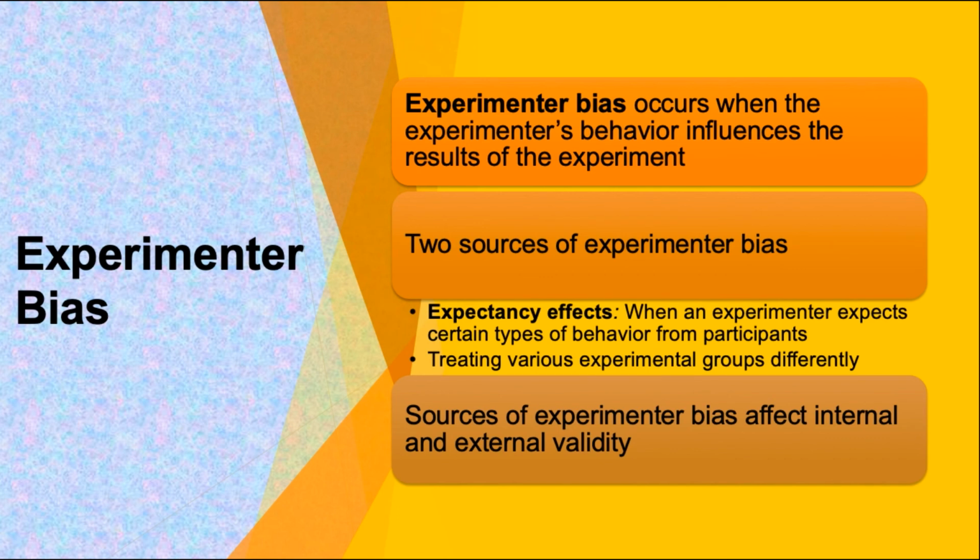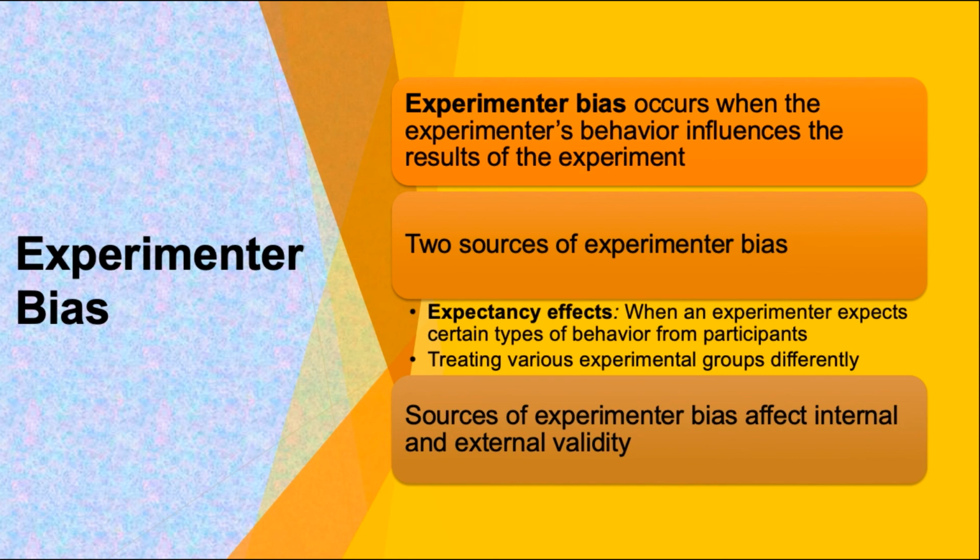A second source of experimental bias occurs when an experimenter unwittingly treats participants in different experimental groups in such a way as to confirm the hypothesis being tested. For example, the experimenter may speak more distinctly when presenting verbal stimuli to a group that is expected to perform best on a test of verbal memory.